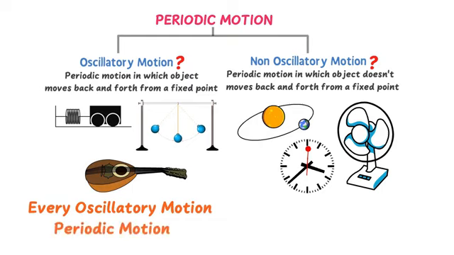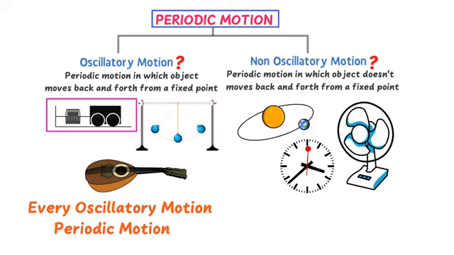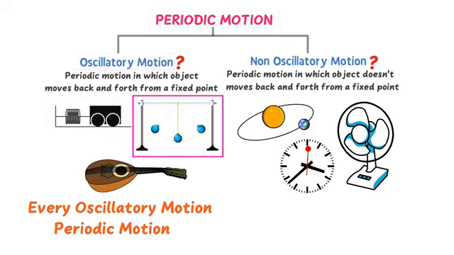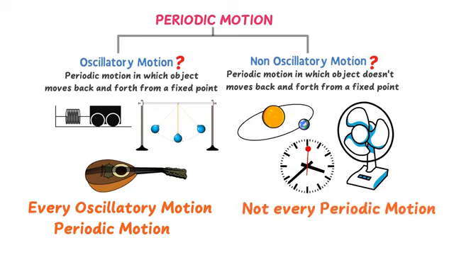For example, the motion of a mass attached to an elastic spring is periodic as well as oscillatory motion. Also, the motion of a simple pendulum is periodic as well as oscillatory. Secondly, we learn that not every periodic motion is oscillatory motion.